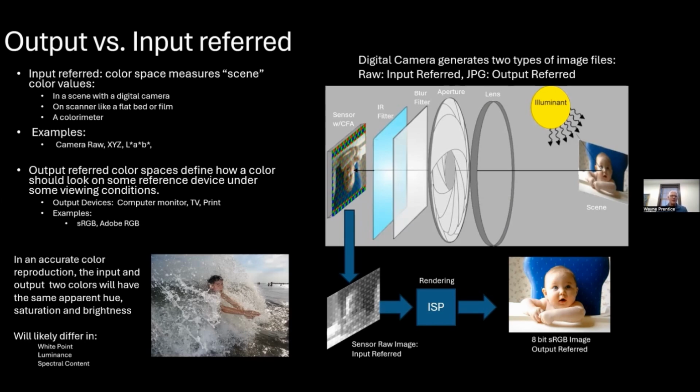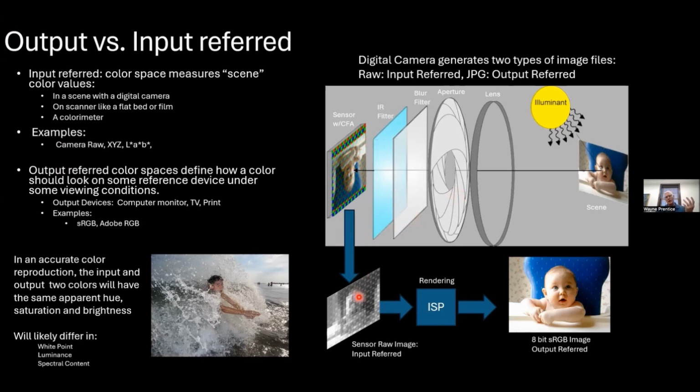Things like a computer monitor, a TV, a printer, those are all examples of output devices where you'd look at color spaces like sRGB, Adobe RGB, CMYK. Those are all examples of output color spaces. A digital camera is a good model to represent both. In a digital camera, we can store both kinds of images.